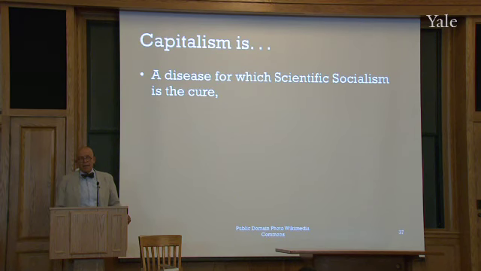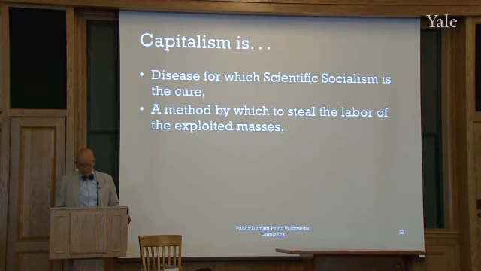Okay, capitalism as seen in the 19th century, a disease for which scientific socialism, that's Marx's term for Marx, is the cure. And of course, there were 20 or 30 other brands of socialism that Marx regarded as unscientific. It is a method by which to steal the labor from the exploited masses.